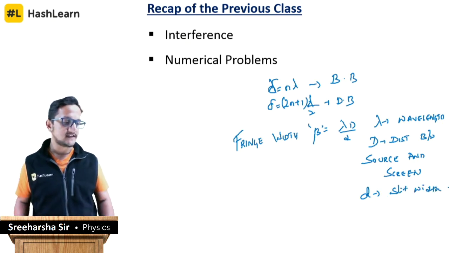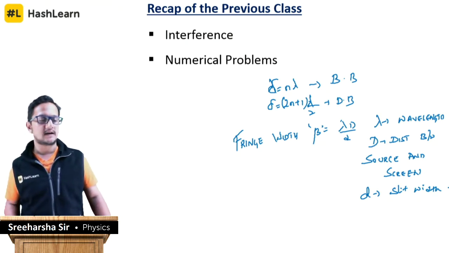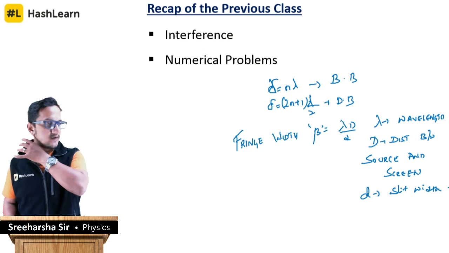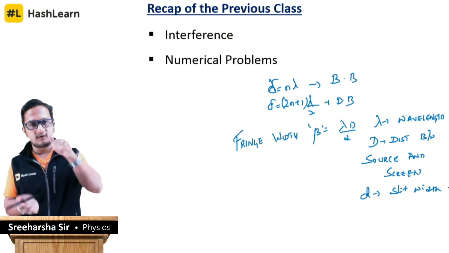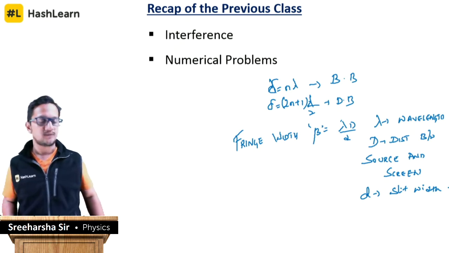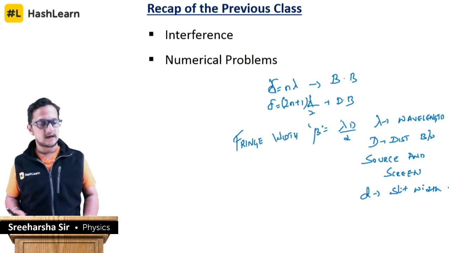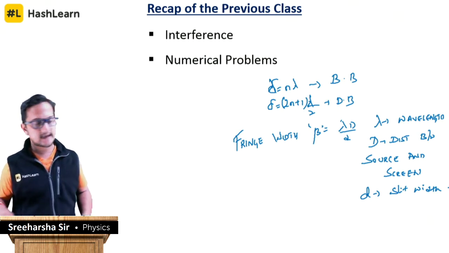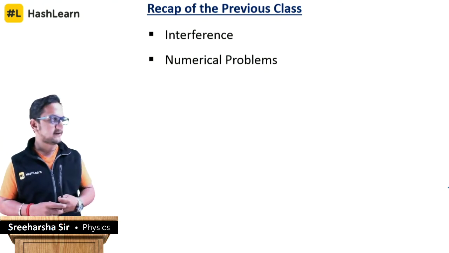So these are the things we studied in the previous class. It is just the important terms which we have discussed. Whenever you have same phase, they form bright bands, and out of phase they form dark bands. So that was the previous class discussion, students.